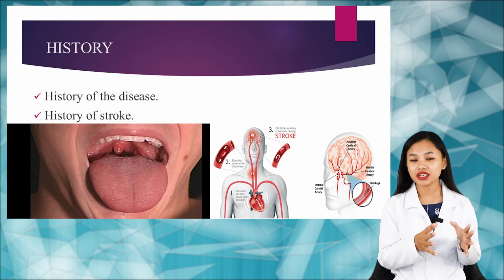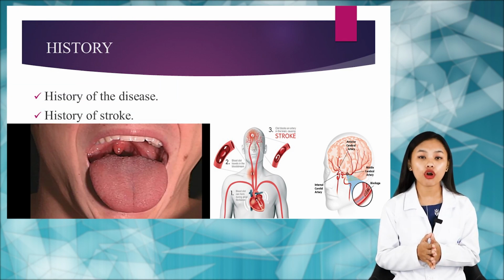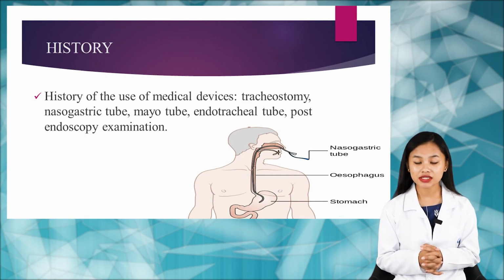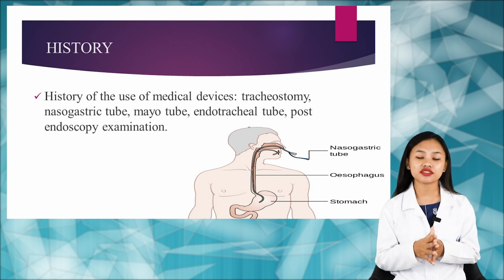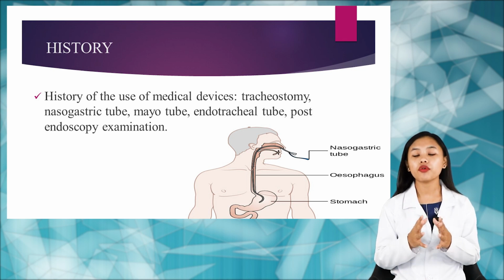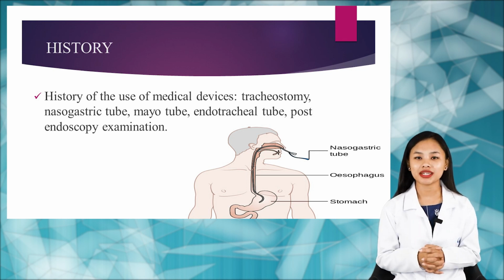By performing the nursing assessment for these types of patients, it also helps to decrease the incidence of aspiration pneumonia. While assessing, we also need to collect the history of the patient. We must find out if the patient has any history of disease or stroke, use of any mechanical devices such as the nasogastric tube or the endotracheal tube, or any post-endoscopy examination.